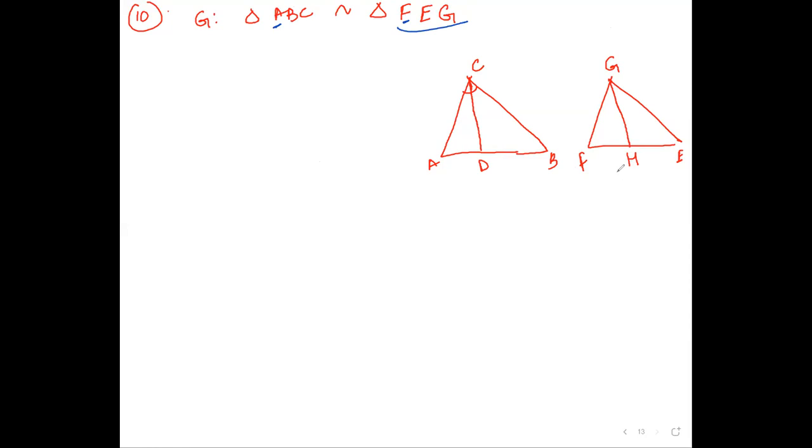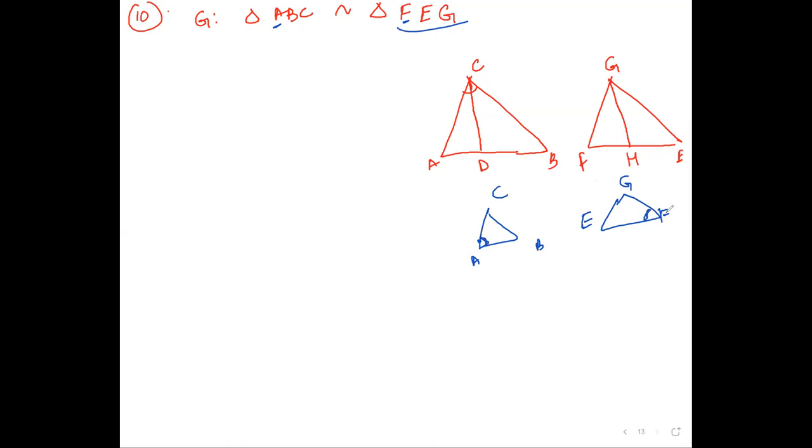Now when I draw the second triangle, instead of naming it, I can name it like this, EFG, no problem. But try to understand this thing: in ABC, this angle is actually equal to this angle.